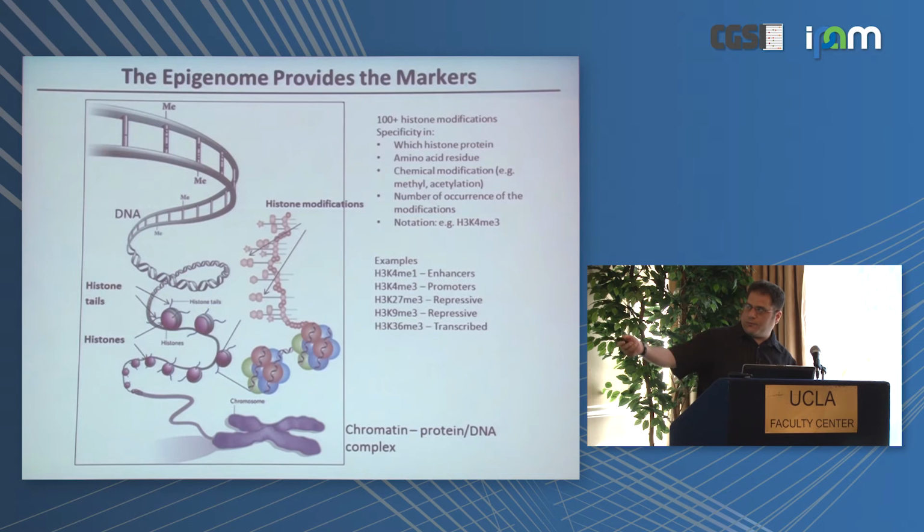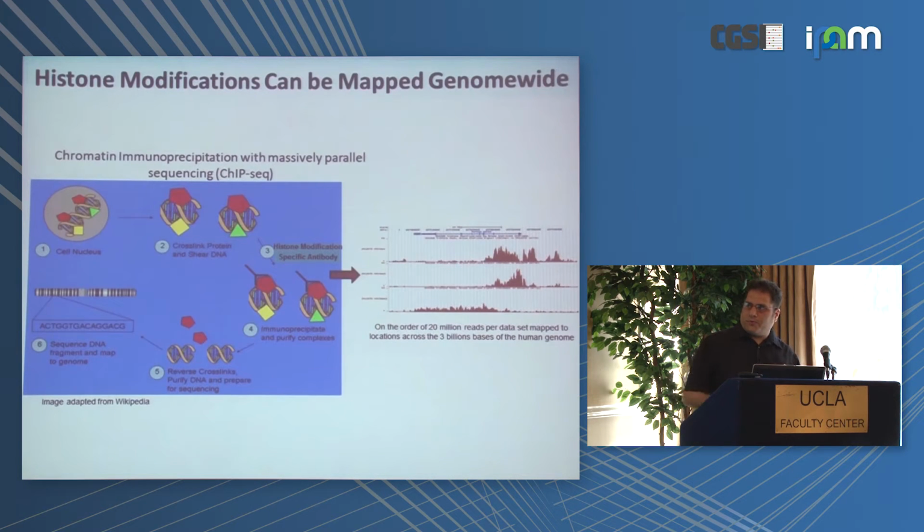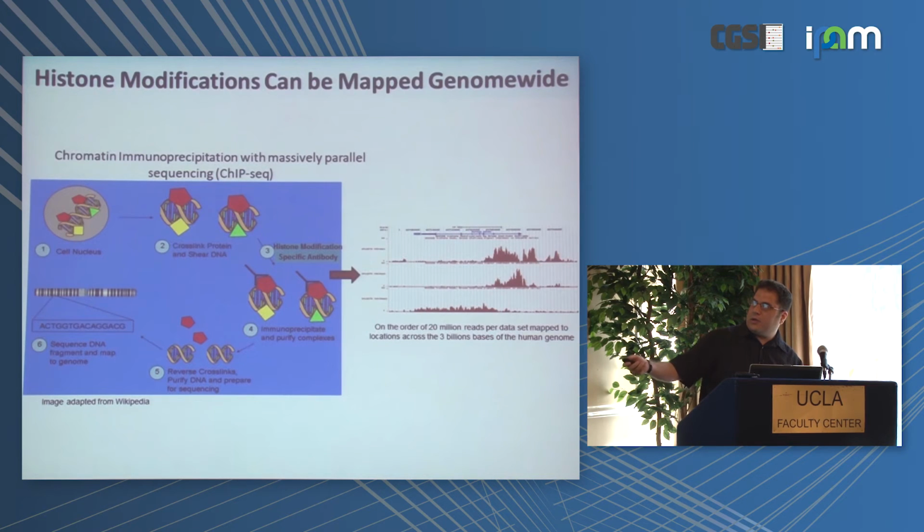And there are some famous histone modifications which, at a first approximation, can mark different types of regulatory elements, such as enhancers or promoters or repressive or transcribed regions. But what's driven the field is now the way to systematically map these histone modifications across the genome in a cell type specific manner based on chromatin immunoprecipitation with massively parallel sequencing.